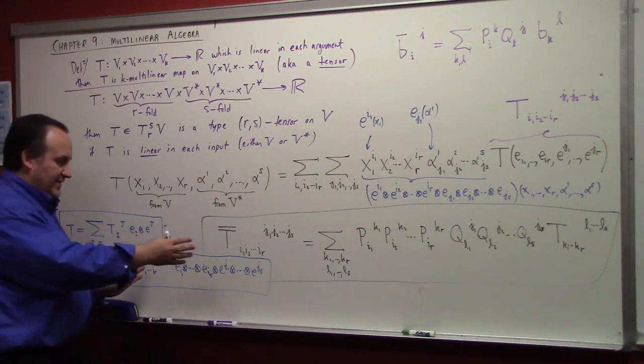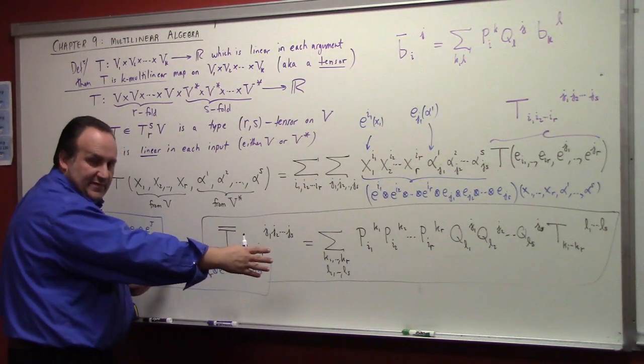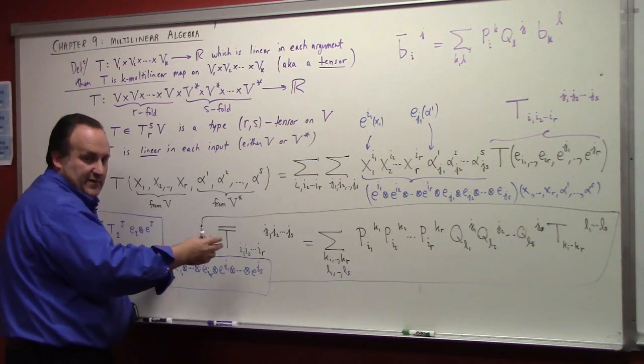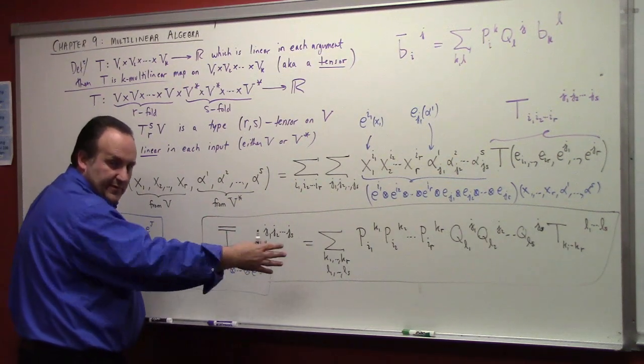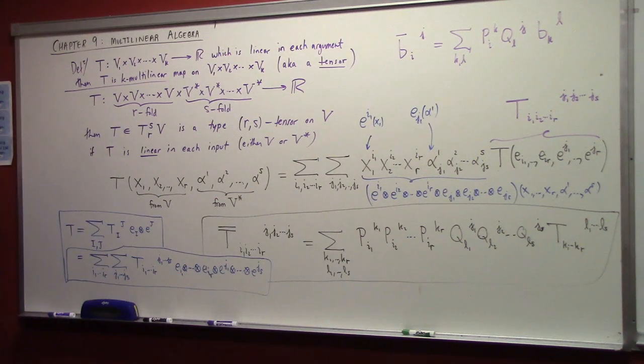You simply let this act on an appropriate tuple of the basis and the dual basis, which gives you Kronecker deltas galore, which then forces the components to be zero in the linear combination, just like we did last time. So in fact, that is a basis for the type (r,s) tensors, which shows you that the set of all type (r,s) tensors has dimension, I guess, v to the r plus s power.